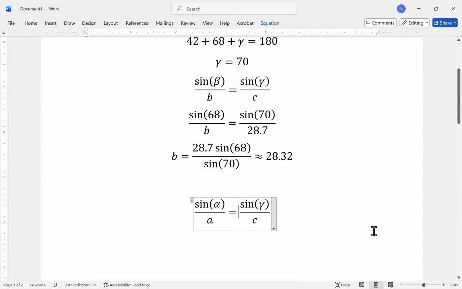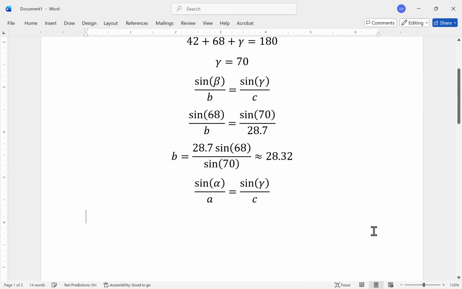I'd prefer the non-rounded values. So we'll use sine of alpha over a. That is sine of 42 divided by my unknown of a is equal to sine of 70 divided by c. And I know c is 28.7.